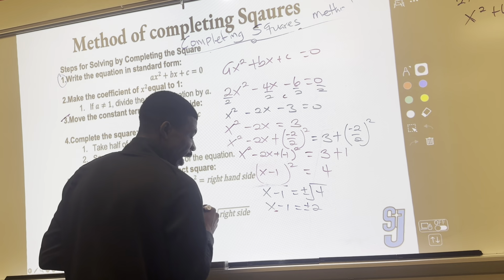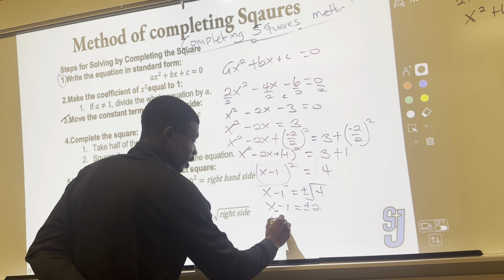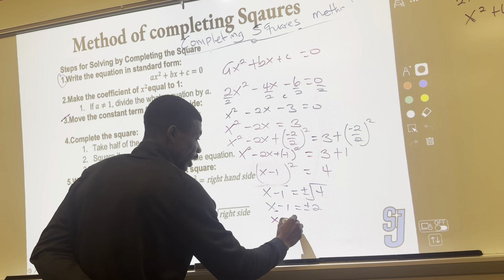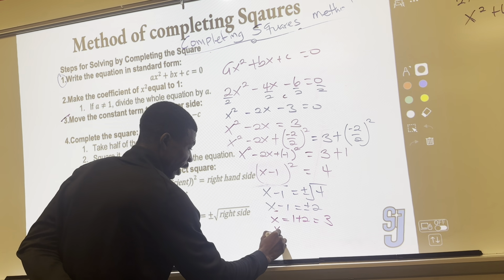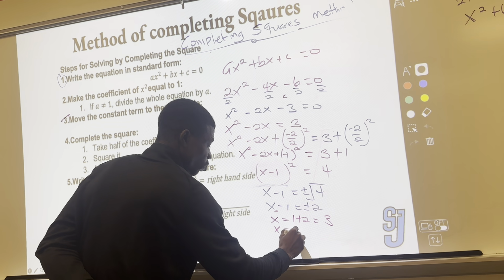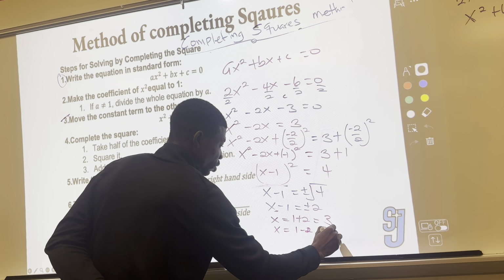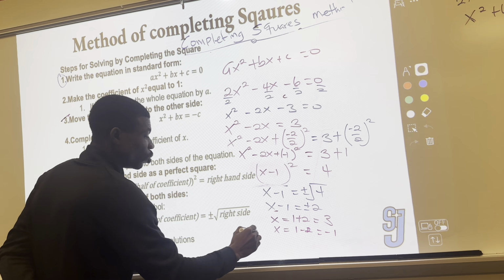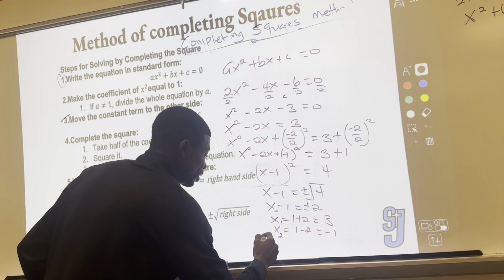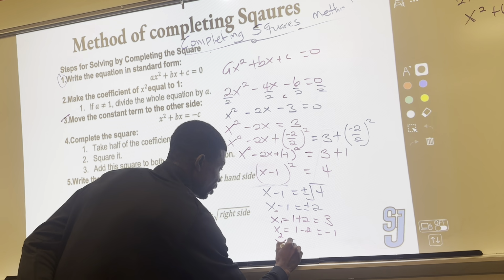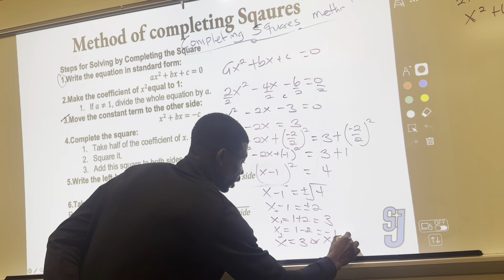So if I solve for x, I have x equals 1 plus 2, which equals 3. x equals 1 minus 2, which equals minus 1. So the solutions I'm looking for: x equals 3 or x equals minus 1.